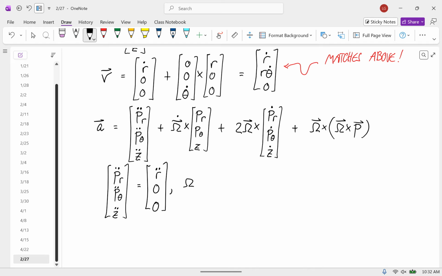What about our capital omega dot? Well, our capital omega was 0, 0, theta dot. And so our capital omega dot is 0, 0, theta double dot. Our omega, just like before, is 0, 0, theta dot.